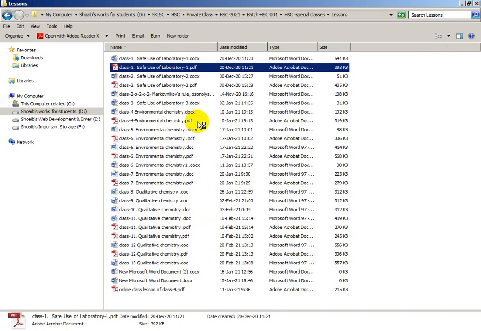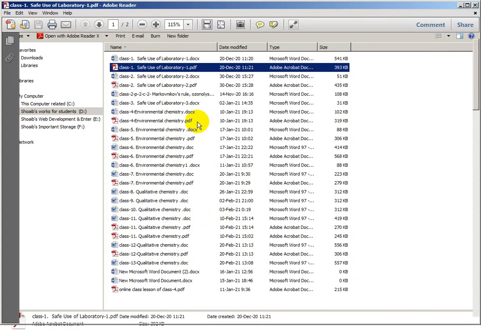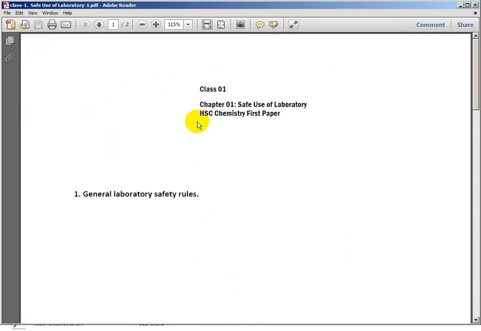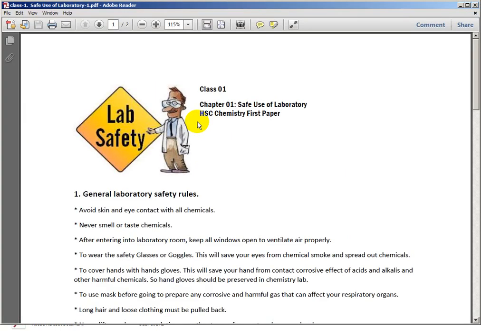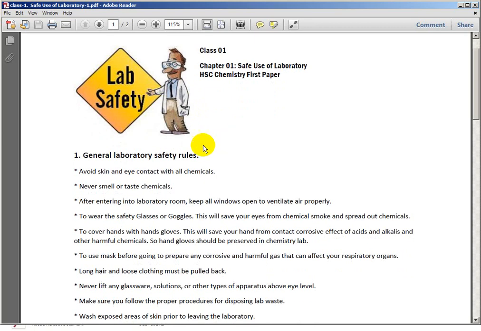What will you do when you enter the chemistry lab? We have to maintain some safety measurement topics. Look, this person puts on an apron and gloves. So you should follow the general laboratory safety rules. Avoid skin and eye contact with all chemicals.